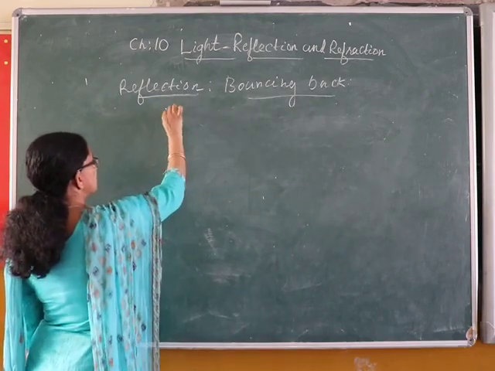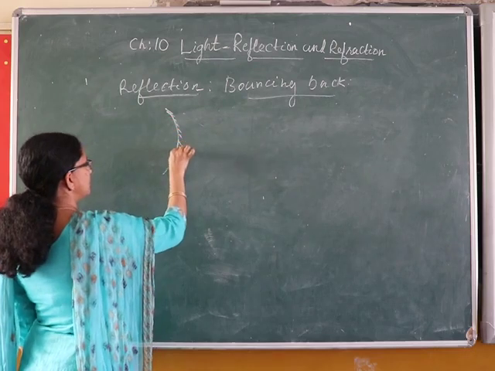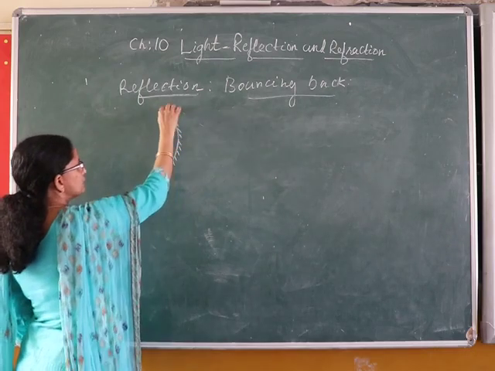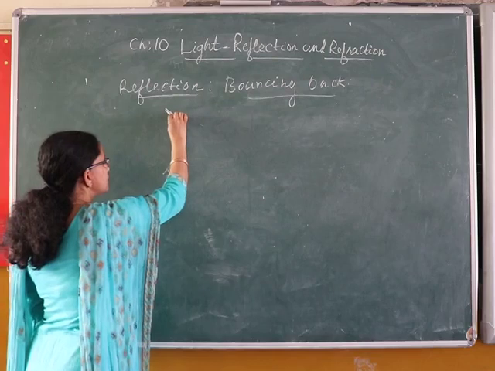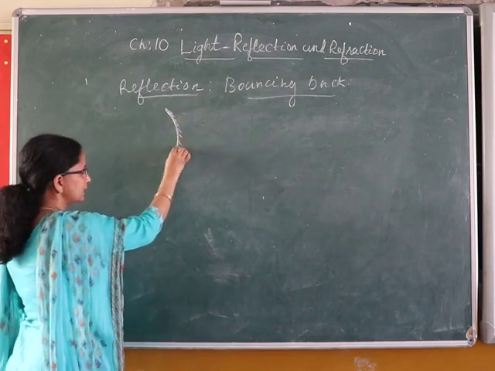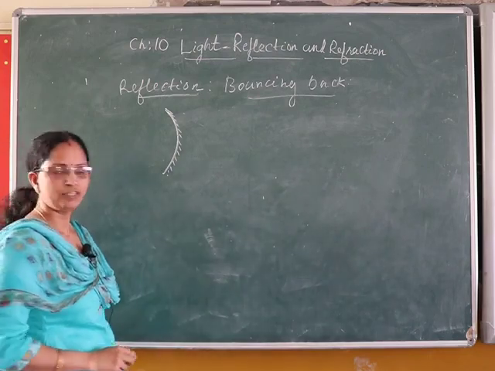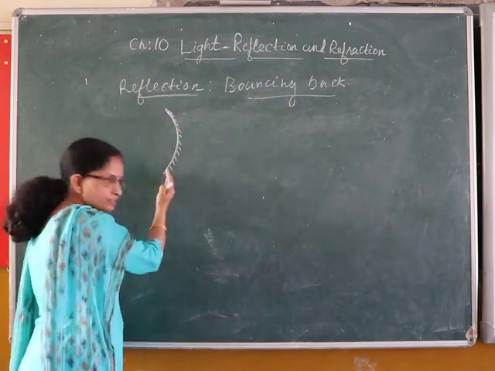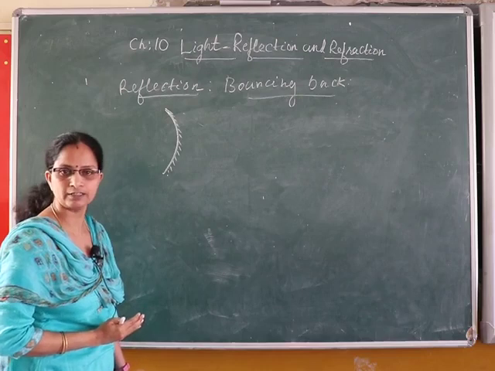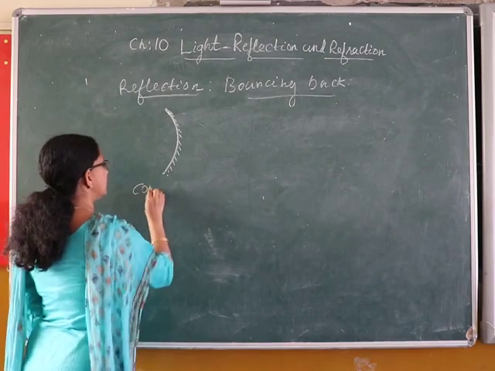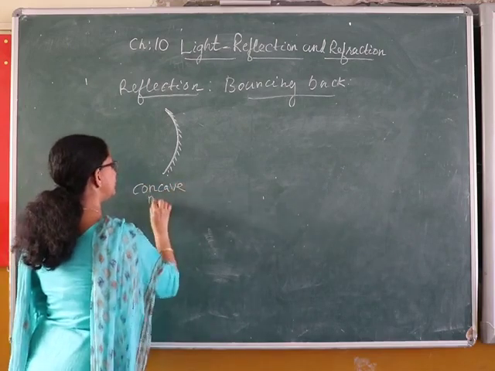One surface is opaque, and the other surface is curved inward. This curved inward surface acts as the reflecting surface. So the mirror in which the curved inward surface acts as the reflecting surface is known as a concave mirror.